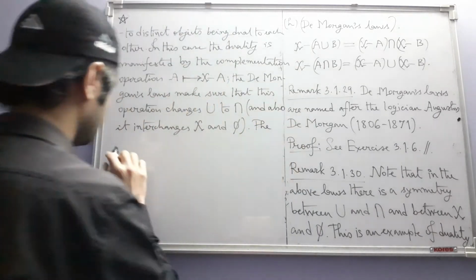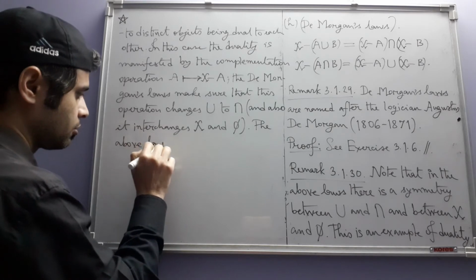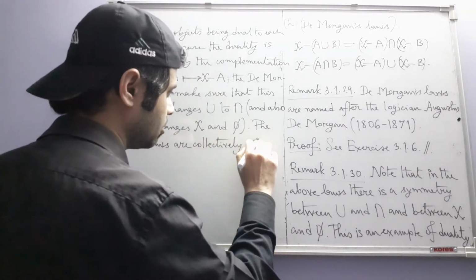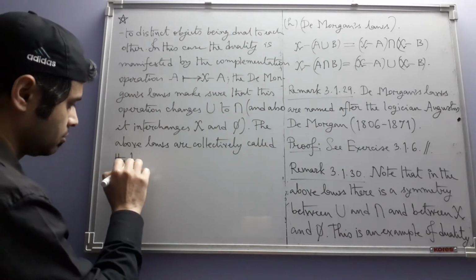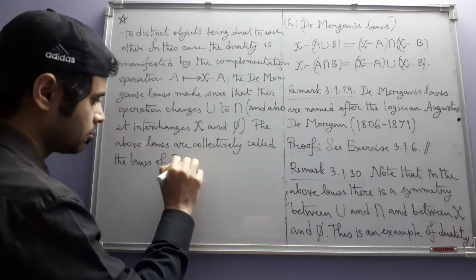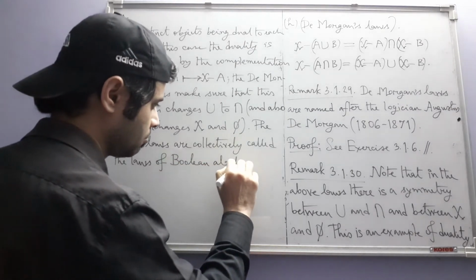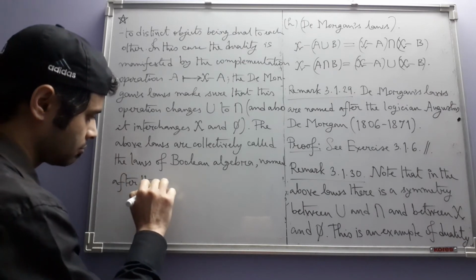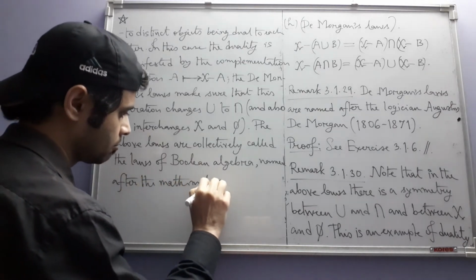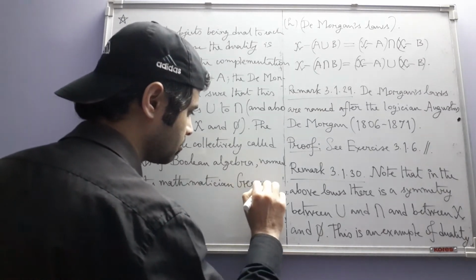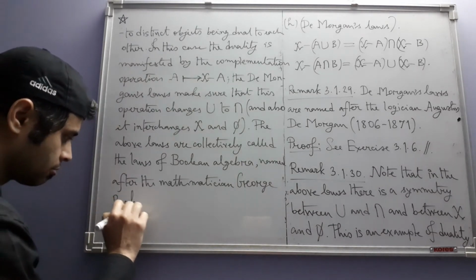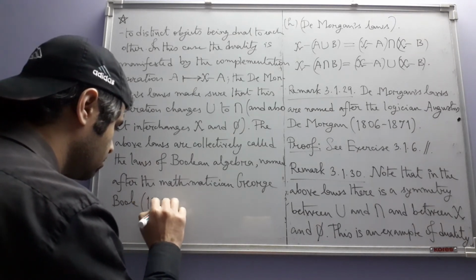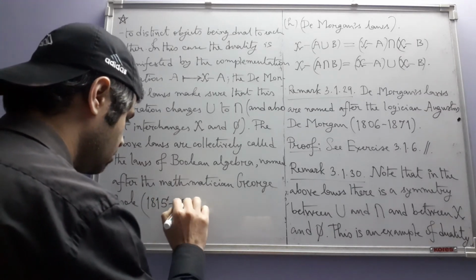The above laws are collectively called the laws of Boolean algebra, named after the mathematician George Boole, and he was alive in this time period from 1815 to 1864.